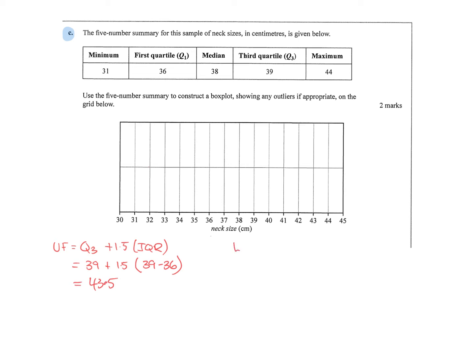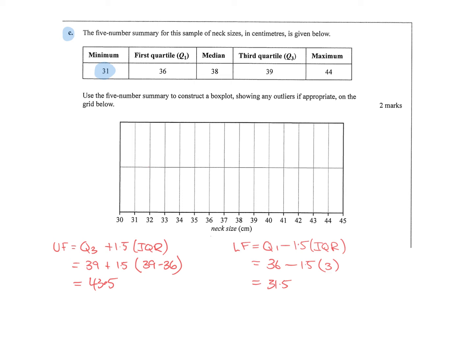And we need to know our lower fence, which will be Q1 minus 1.5 times the IQR, which is 36 minus 1.5 times 3. So 31.5 is our lower. Looking up here, the minimum value, that's not an outlier, is it? Oh, it is actually. It's lower.